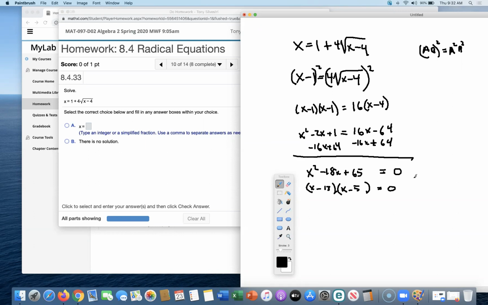Okay, that gives me 65, and they would add to be negative 18 in the middle. Okay. Agreed? Yes. Good. And so this factor equals 0 gives me 13 as an answer, and this one gives me 5 as an answer.